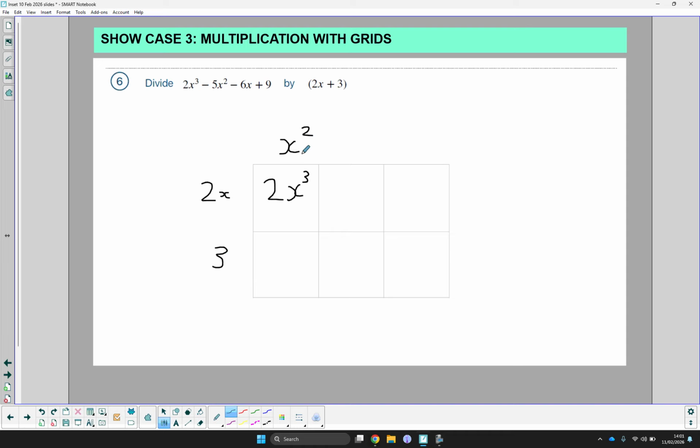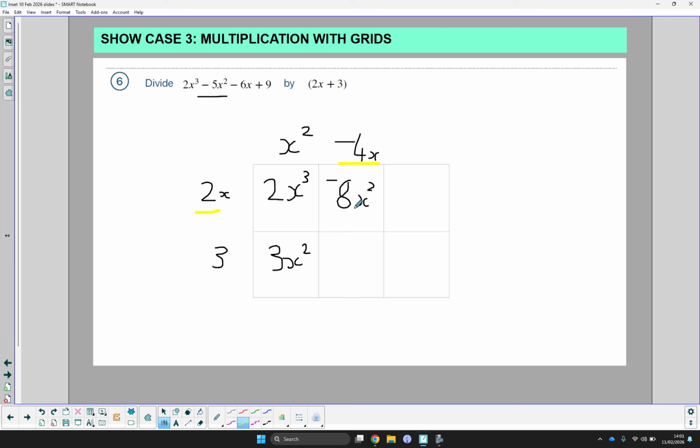So they know 3 times x squared will give them 3x squared. We don't want 3x squared, we want negative 5x squared. So I need to add 8 negative x squareds on. This means I need negative 4x here, because I'm looking at the multiplication. What times what?